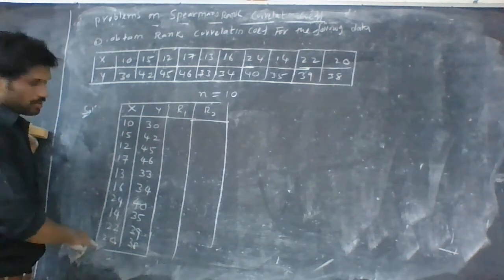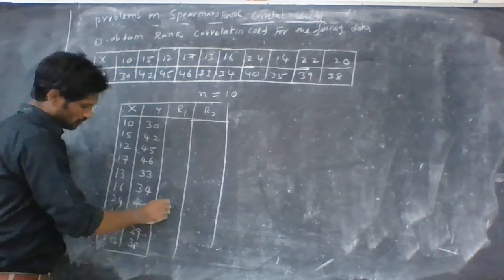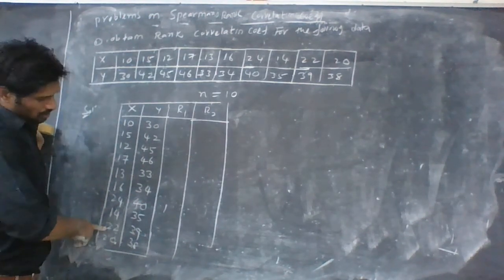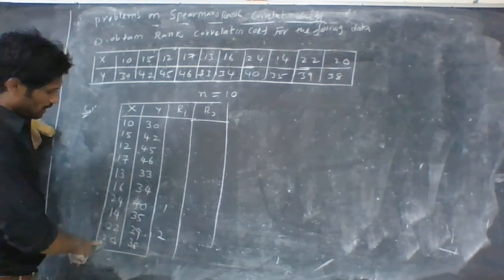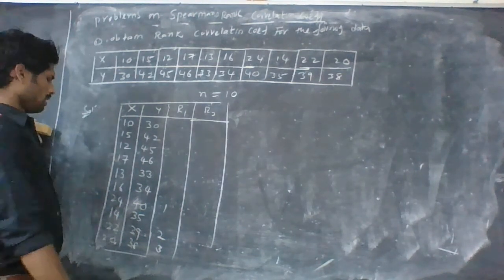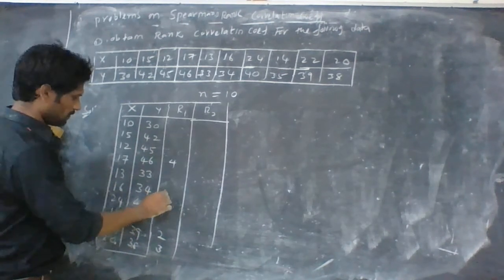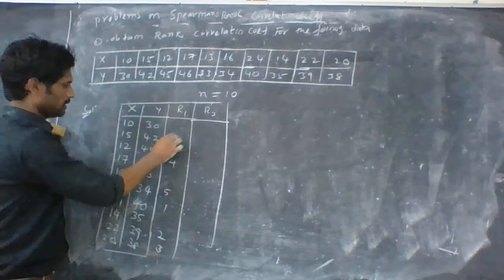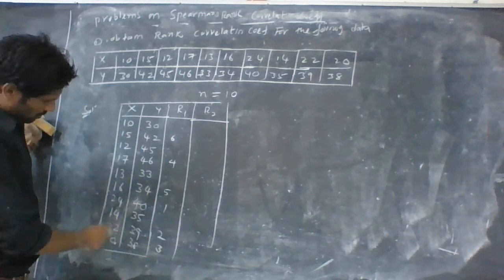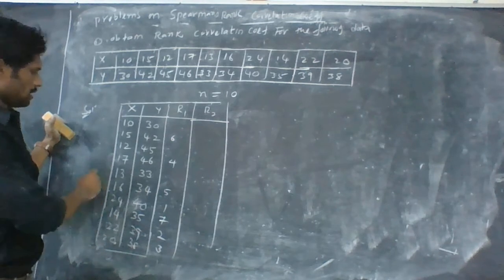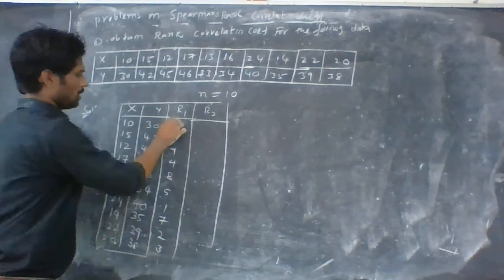In the X series, 24 is the highest value, so 24 gets rank 1. The next highest, 22, gets rank 2, and 20 is third rank. 17 is fourth rank, 16 is fifth rank, 15 is sixth rank, 14 is seventh rank, 13 is eighth rank, 12 is ninth rank, and the last, 10, is tenth rank.